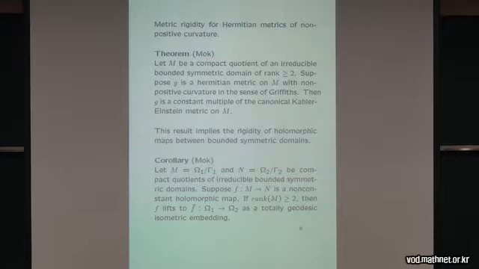So from this, we can see that if there are two compact quotients of bounded symmetric domains, and there is a non-constant holomorphic map, then we can pull back this metric to M. The canonical metric pulled back to M is another Hermitian metric with this property.